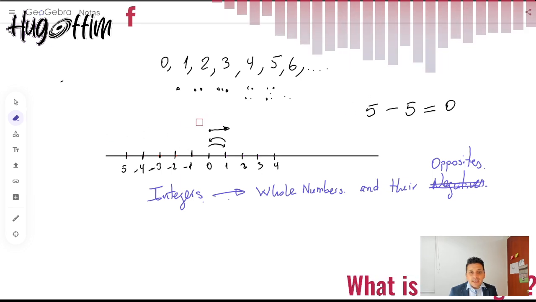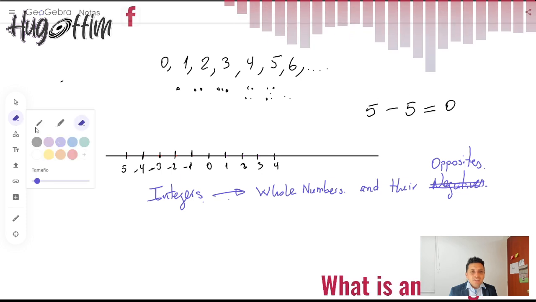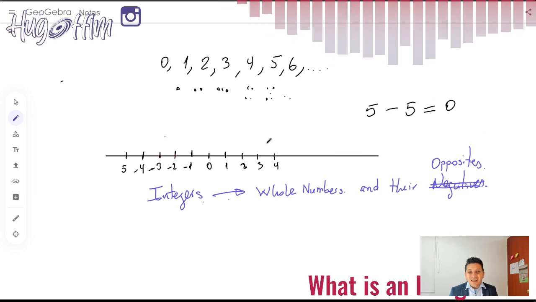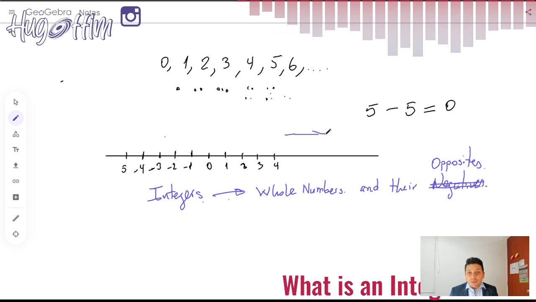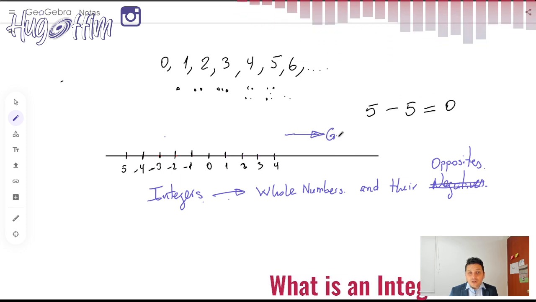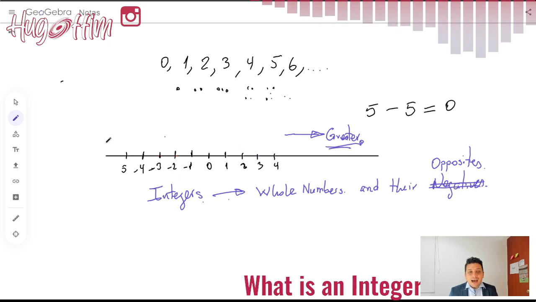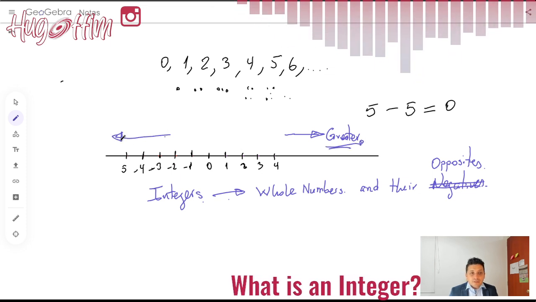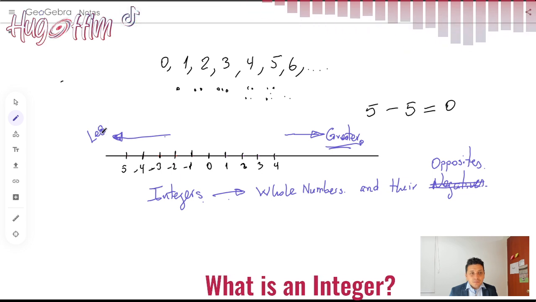To understand how to compare integers, you just need to imagine the number line and understand that the more to the right the number is, the greater it is, and the more to the left in the number line, the lesser the number.